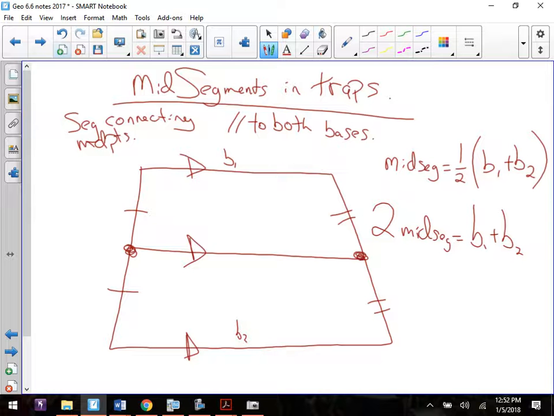You did this when we found midpoints, and when we found missing endpoints of a midpoint. Remember how we said, here's an endpoint, here's a midpoint, did you go up or down, and how much more do you have to go? We did mid-segments in triangles, and we had to cut things in half. And now we're doing them in trapezoids. It's one of those things that shows up a lot, which means we can do some problems.